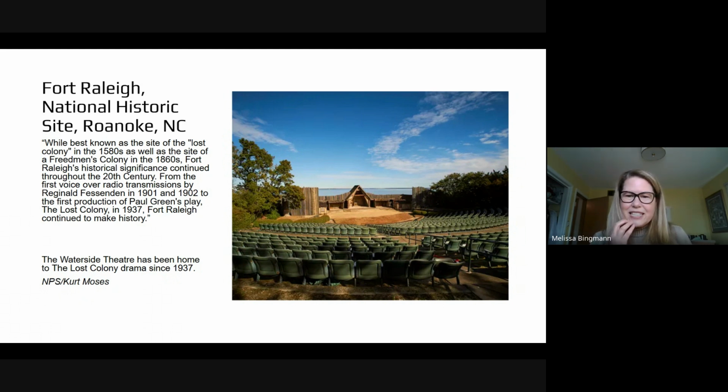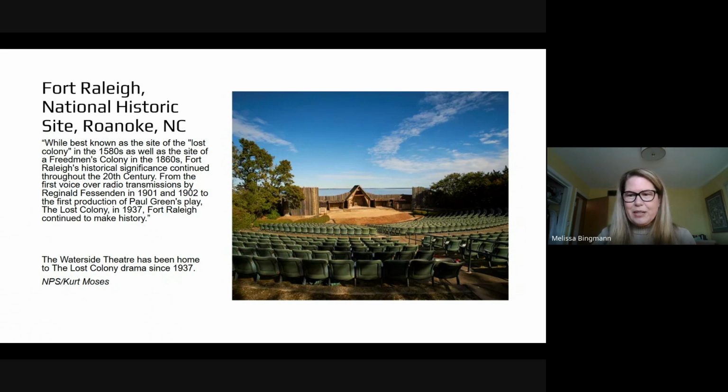So what they've done at the site is they brought the history up to the 20th century. One of the most significant things about this site is actually this theater performance that was developed in, I think, 1937 at this outdoor theater space, a dramatic performance of the lost colony. So to me, this is a really good example of a site that is difficult to interpret because of the physical evidence there, but it almost is an example of interpreting itself, okay?